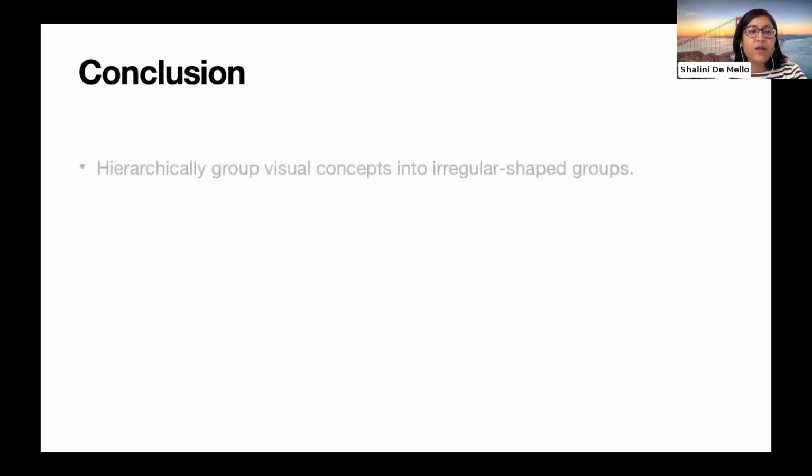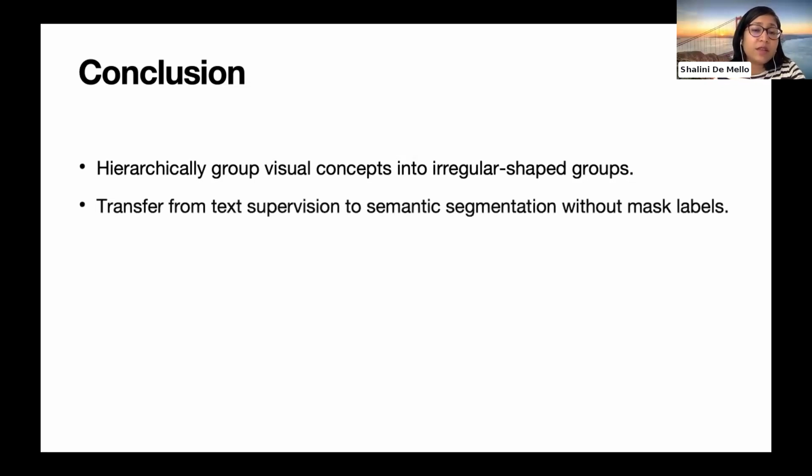And so to conclude, in this particular work, it was very interesting and encouraging to find that we could indeed hierarchically find semantically similar groupings of visual tokens and group them into irregularly shaped groups. And this was done simply by learning with text supervision.